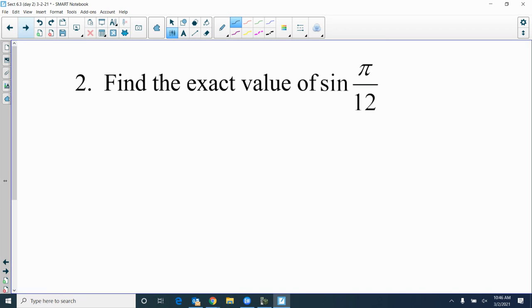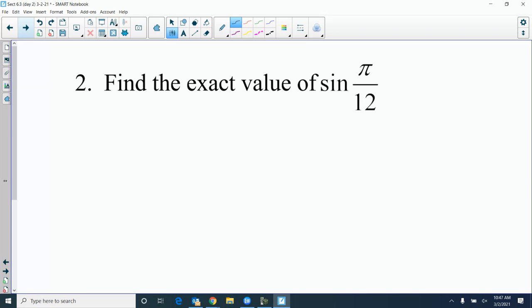All right, let's find the exact value of the sine of pi over 12. The sine of pi over 12. Now, in this case here, I'm going to tell you to use a half angle formula because you could use a sum or difference formula for that.